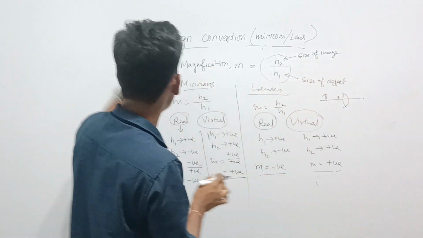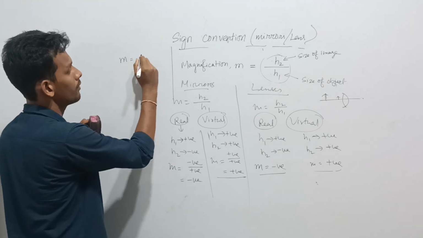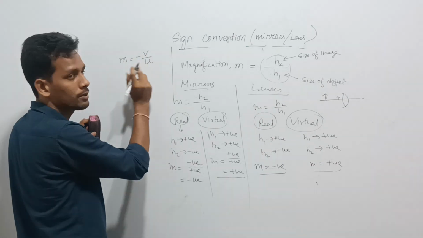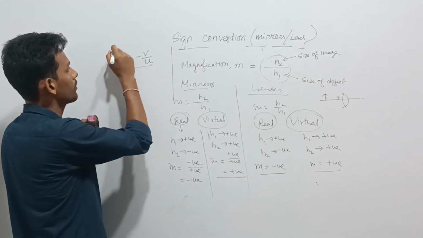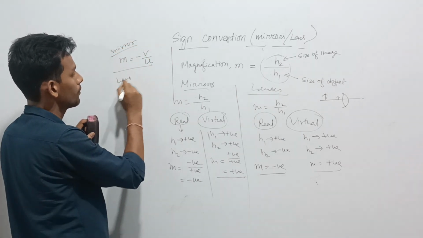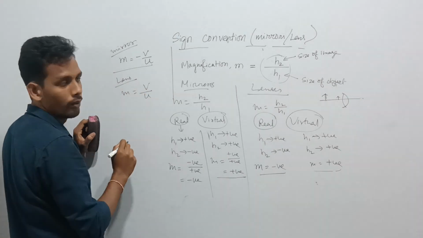Also, you can find the magnification by this formula. For a mirror, m is equal to minus v by u, that is, the distances of image and object. And for a lens, m is plus v by u.